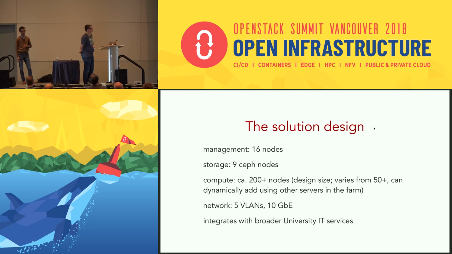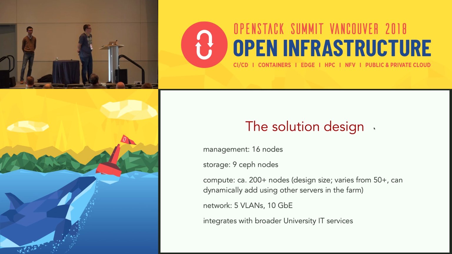We split everything up in VLANs. We got 2 VLANs for the tenants. So for the VMs, we got 2 network ranges that we're offering our users, one with public IP addresses and one range just routable in the University of Edinburgh. Then we got 1 VLAN for management, 2 for Ceph.